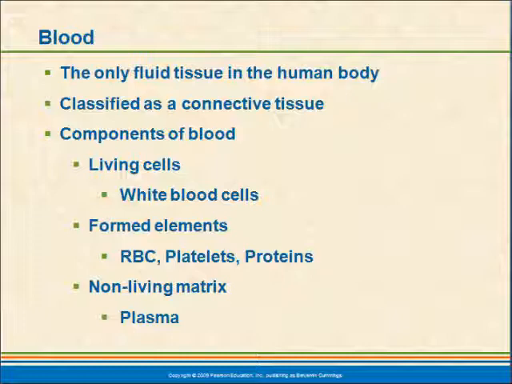So the formed elements consist of red blood cells, platelets, a number of proteins that are involved in maintaining fluid and electrolyte balance, maintaining hemostasis in terms of clotting, and then, of course, the non-living matrix that is in all connective tissues, which in this case is plasma.